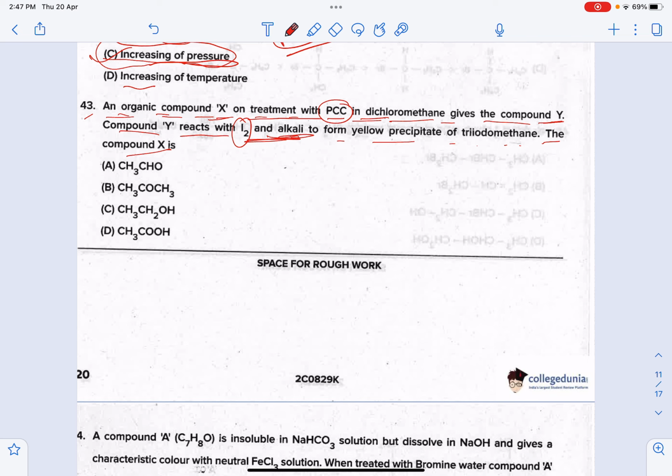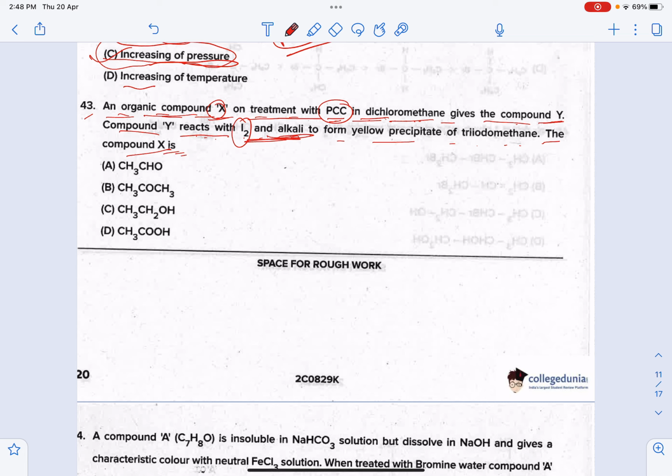Now it says that an organic compound X, on treatment with PCC in dichloromethane, gives compound Y. Compound Y reacts with iodine and alkali to form a yellow precipitate of triiodomethane.